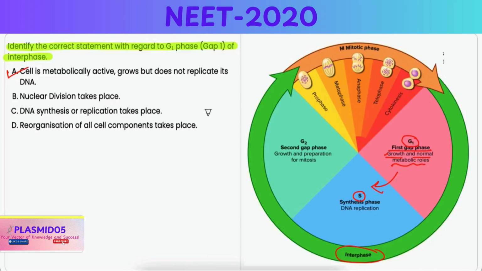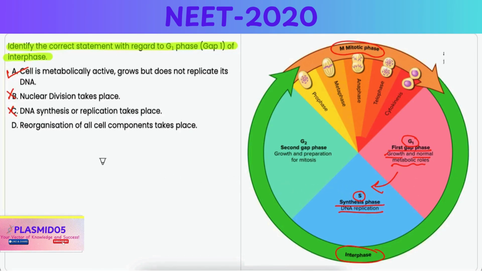Option B, nuclear division takes place. It is incorrect. Nuclear division, whether in mitosis or meiosis, does not occur during the G1 phase. It happens during the M phase. Option C, DNA synthesis or replication takes place. It is also incorrect, as DNA synthesis occurs during the S phase and not G1 phase.